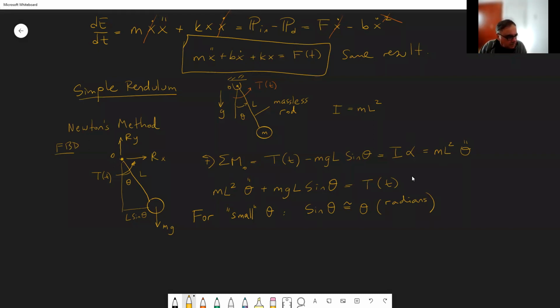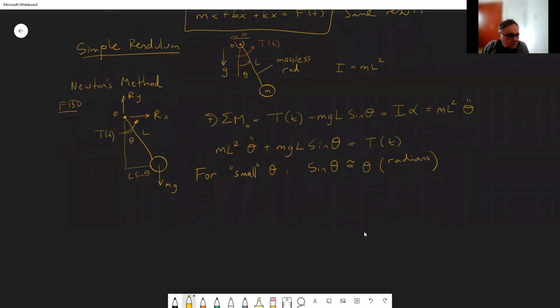So the equation of motion is basically mL squared theta double dot plus mgL theta equals T of t. And this is the inertia term, as you see. This is the spring term. There is no spring here, but this is the restoring effect of, let's say, gravity.